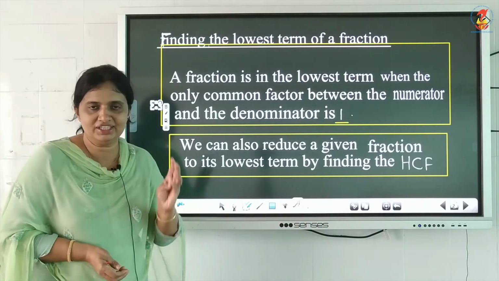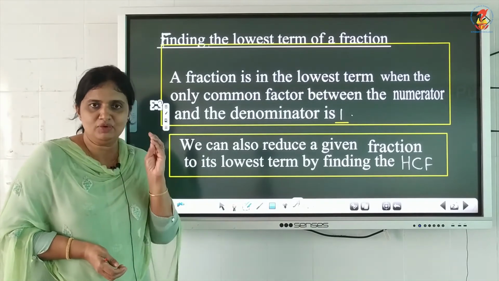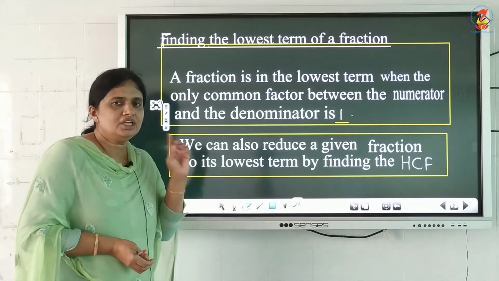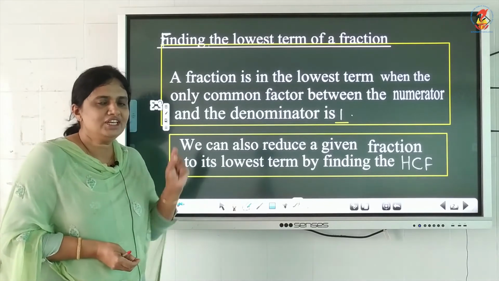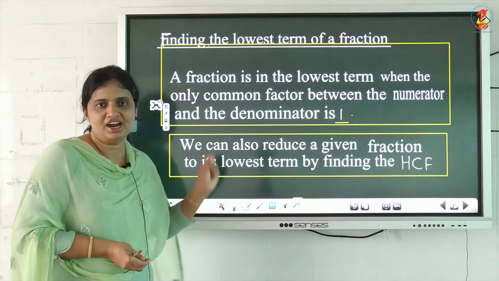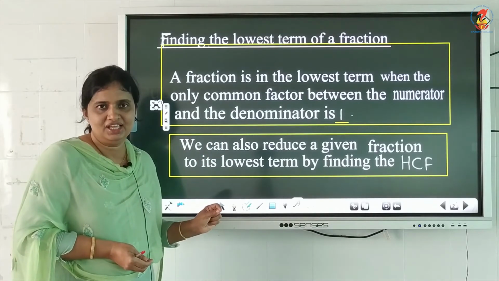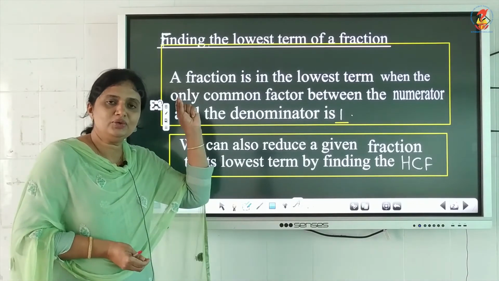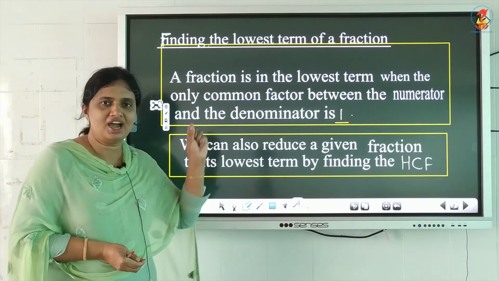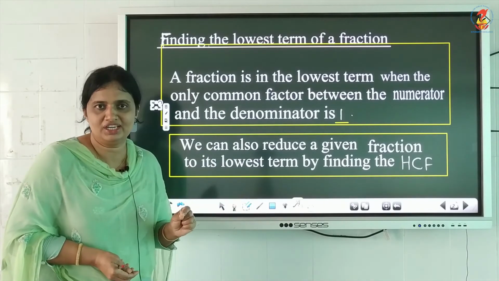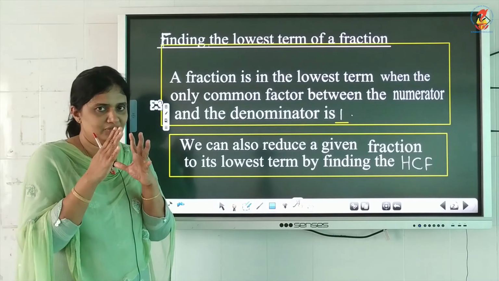When you get a question to write the fraction in the lowest term, you need to find the HCF of the numerator and denominator. Then you will get one highest common factor. After that you need to divide the numerator and denominator by that HCF. You will get the lowest term of that fraction.